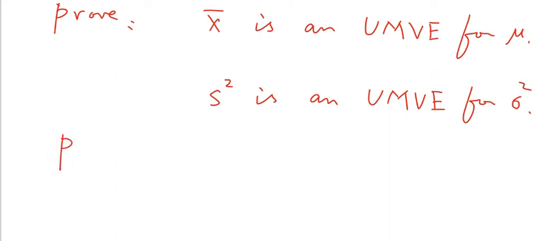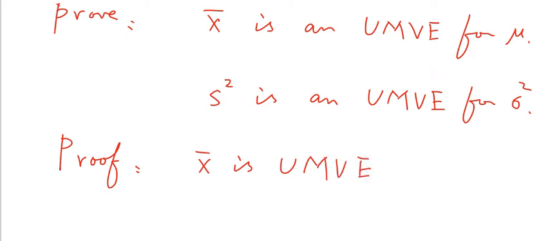So now we want to prove that X bar is the UMVUE for mu.